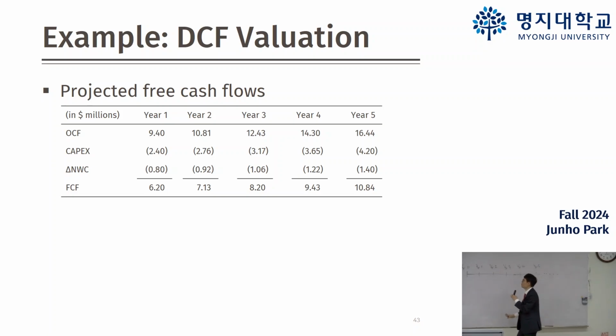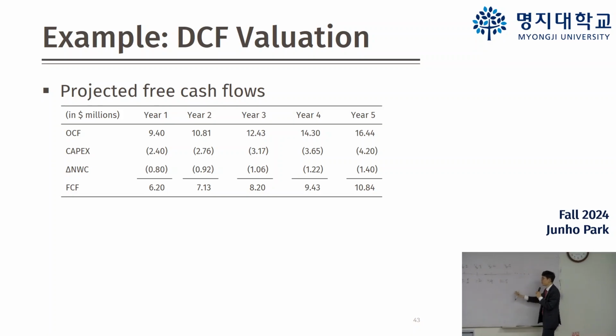So we know what will be the free cash flows from years 1 to years 5. So we have 6.2, 7.1, 8.2, 9.4, and 10.8 in year 5.